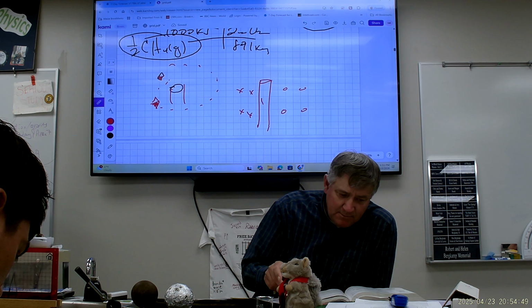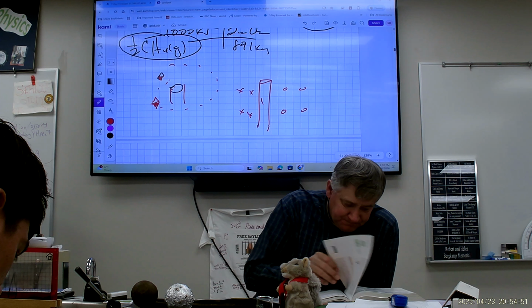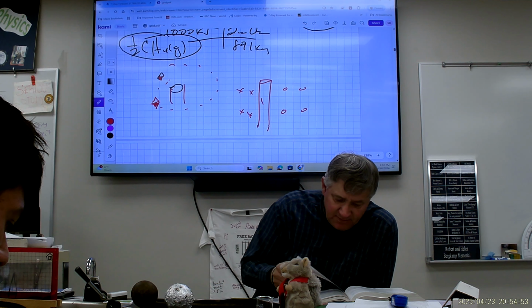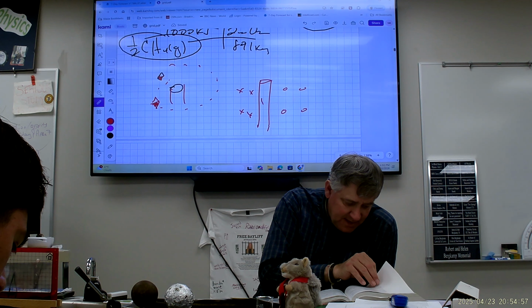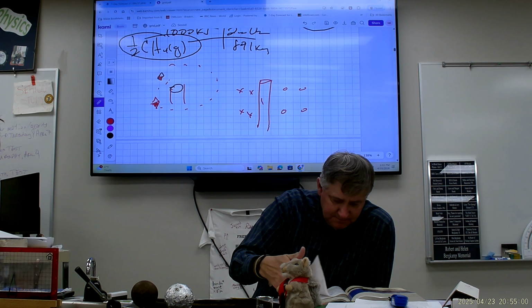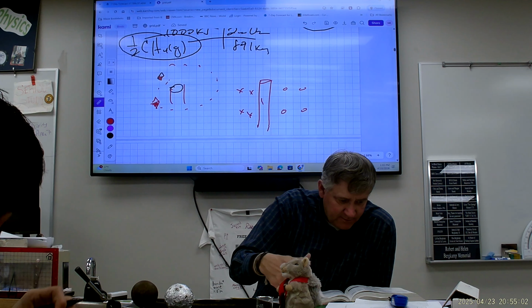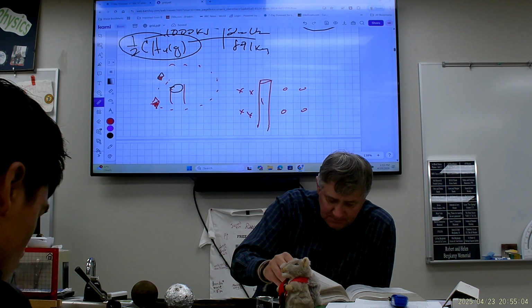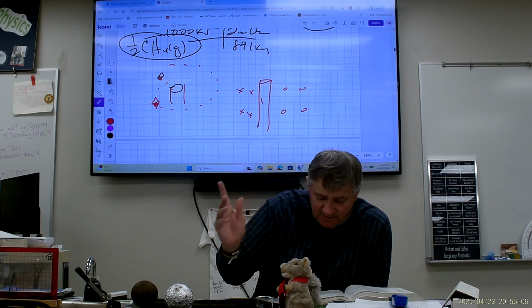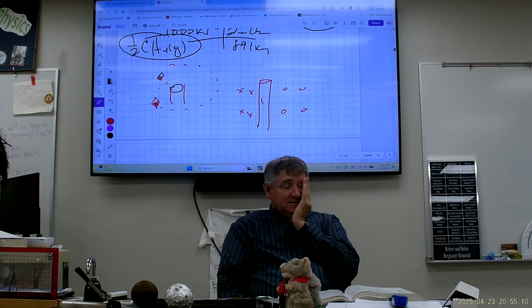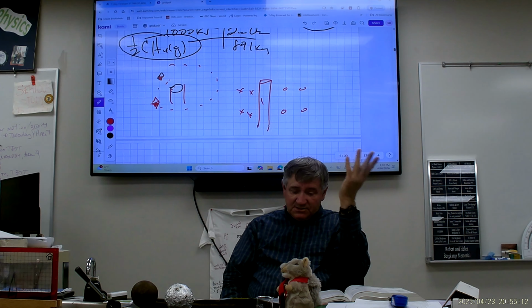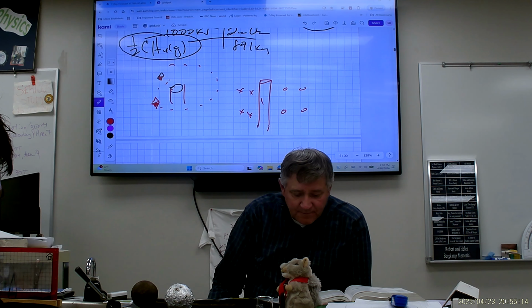If you look on table 24.1, it gives you different magnetic field strengths, and that's on page 773. Notice that the field strength is measured in Tesla. Okay? Hence a shout out to Nikola Tesla.